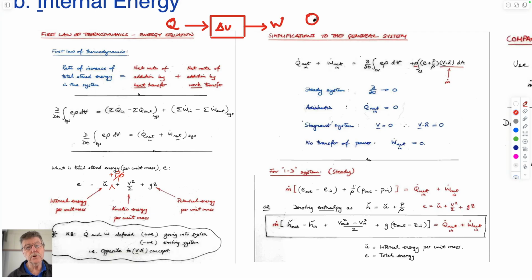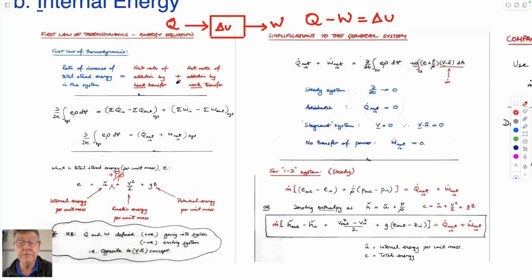And we quoted the first law as being heat rate minus the work is equal to the change in internal energy of the system. So that is actually one way of putting it.